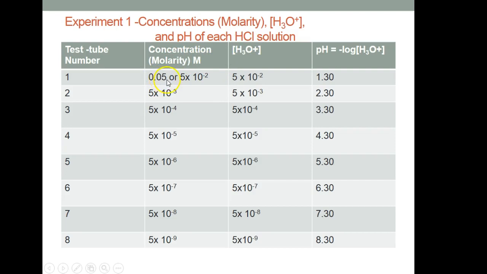Okay, so since it's a strong acid, when it ionizes, its H3O+ would be equivalent to the acid concentration. So this test tube has 0.05 molar H3O+.